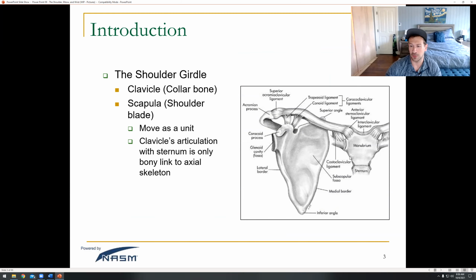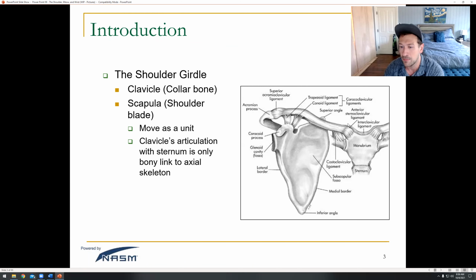It kind of looks like a Superman shield that lives right here. And it's where your two collarbones attach. So from there, it runs out like this. And so your collarbone is attached at the manubrium. By the way, this little joint right here, this is called your anterior sternoclavicular joint.